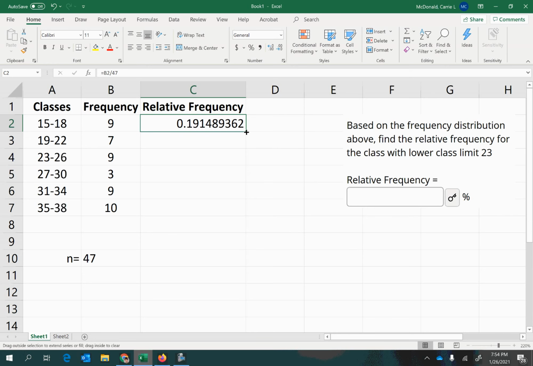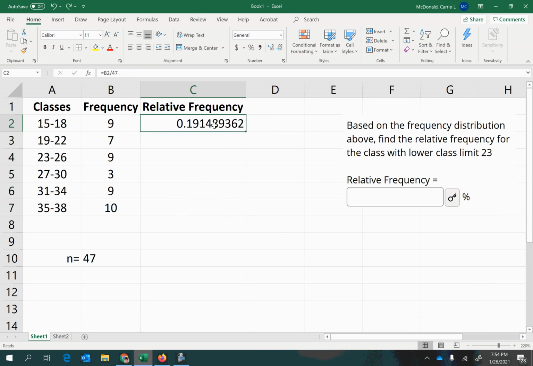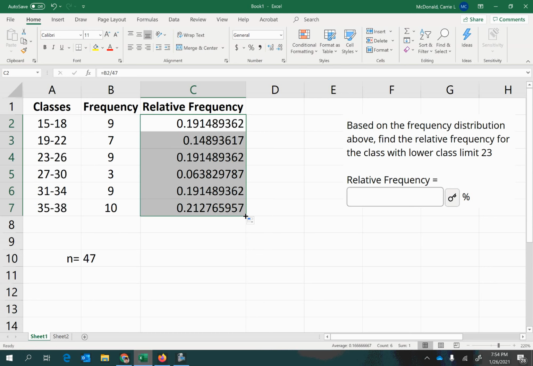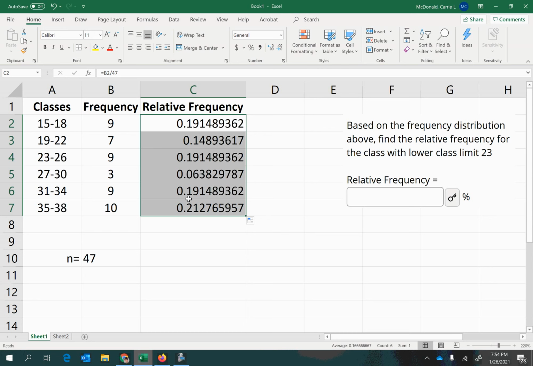And then just drag that and copy it down using my copy handle. So again, what I did is I selected the cell that I just did that calculation in, and then I went over the bottom right corner until my cursor looks like a black plus sign, and then I'm just pulling it down and copying it that way. You can also double click it and it'll populate the answer for each cell for each class.